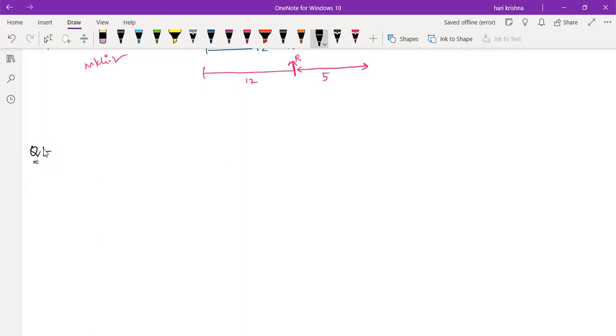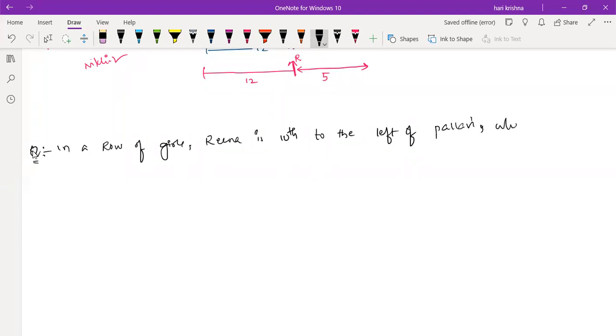Listen to the question carefully. In a row of girls, Reena is 10th to the left of Pallavi, who is 17th to the right hand.